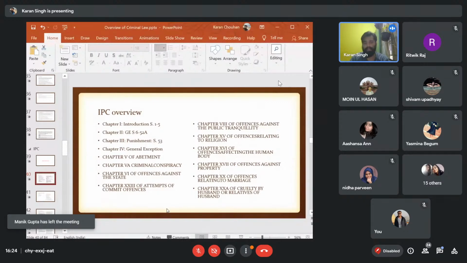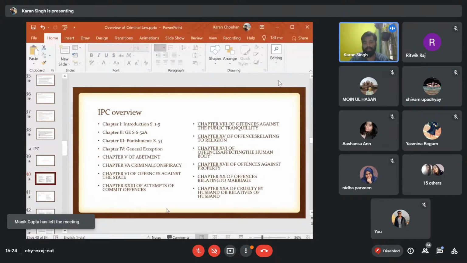Misdemeanor would be the lower degree of crime, probably unlawful assembly, or not even unlawful assembly which leads to rioting. That could be misdemeanor, or certain minor offenses which do not have capital punishment or life imprisonment as a punishment. Those minor offenses would be called misdemeanor. The last category would be petty crimes or infractions.